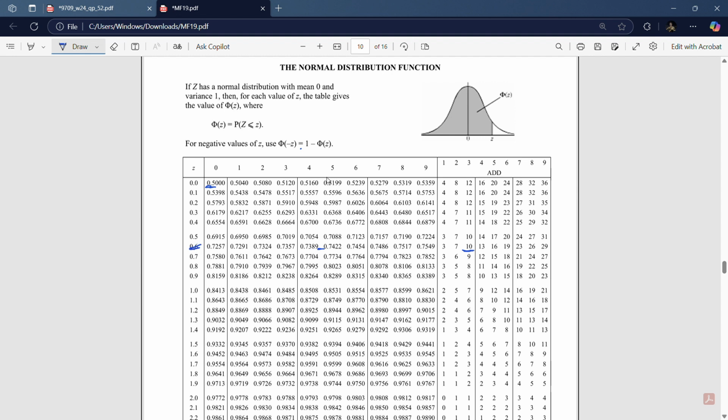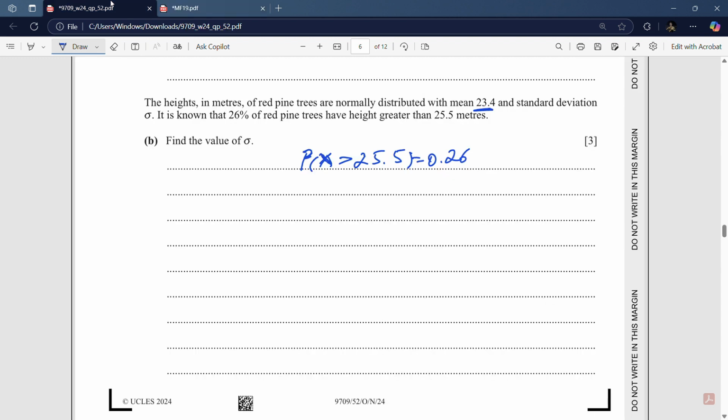So it's 0.643. But we are having its negative, and here we can see it is saying that x is greater than 25.5.